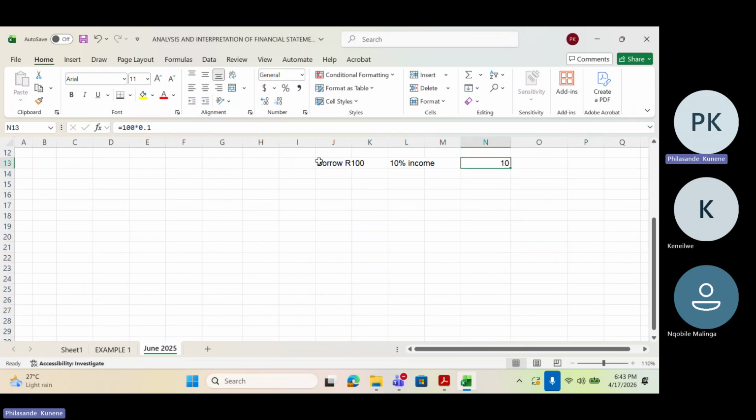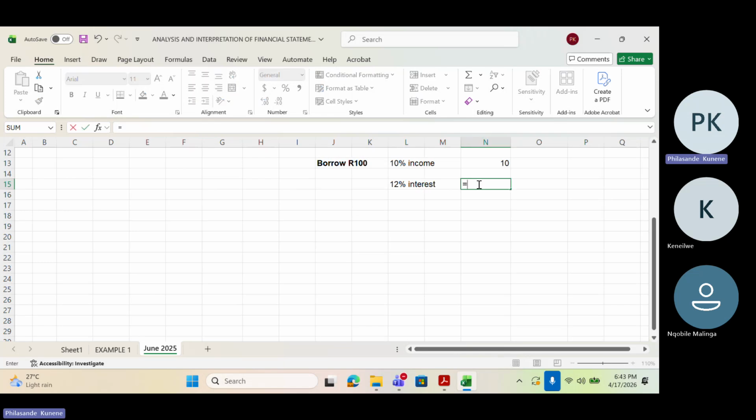But now, because you borrowed this 100 rand, they're charging you 12% interest. With this 100 rand, you're only generating 10% income, which is 10 rand. But how much are you paying? You're paying 12% interest.